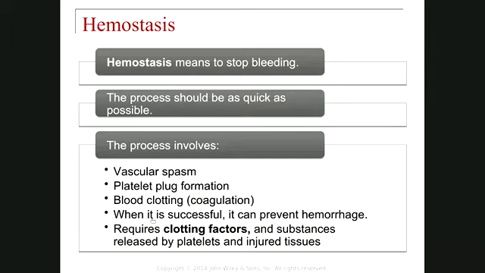Besides these mechanisms, we need some clotting factors and the substances which are released from our platelets, and they are very important for doing hemostasis. And also we have some factors which are released from the injured tissue, which I will talk about in this part for you.